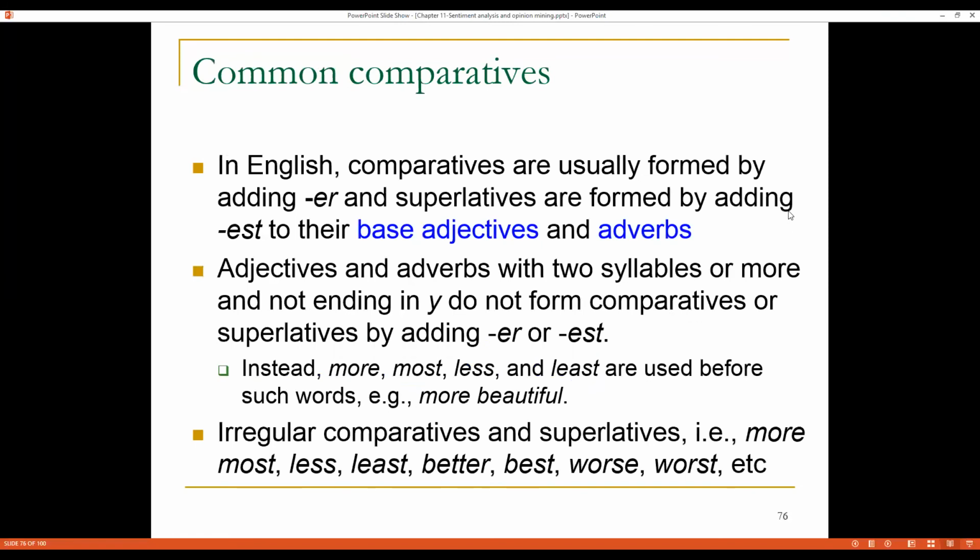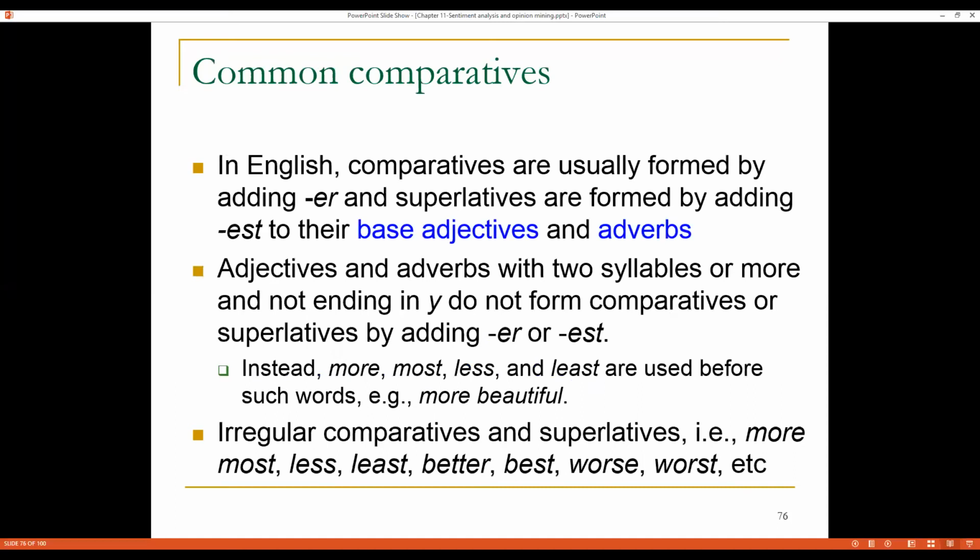So in English, comparatives are usually formed by adding ER, and superlatives are formed by adding EST to their base adjectives and adverbs. Adjectives and adverbs with 2 syllables or more, and not ending with Y, do not form comparatives or superlatives by adding ER or EST.